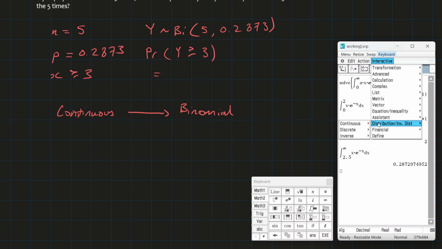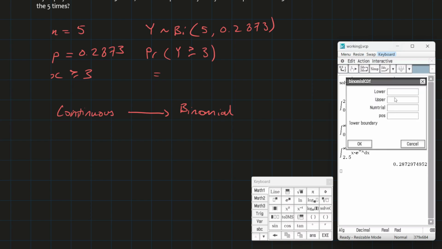So we go to interactive, distribution, discrete, binomial CDF. If we make profit at least 3 out of the 5 times, then the lower bound will be 3. The upper bound would be 5 because that's the number of trials, and the probability of success is 0.2873.